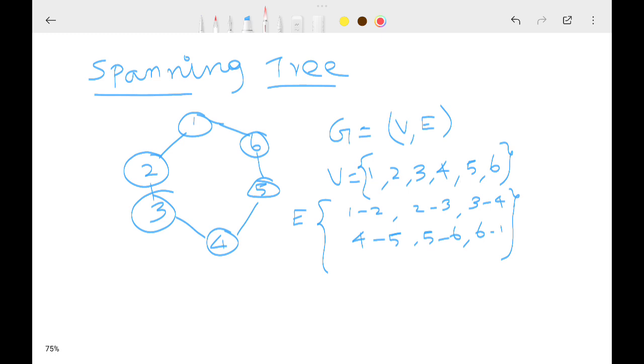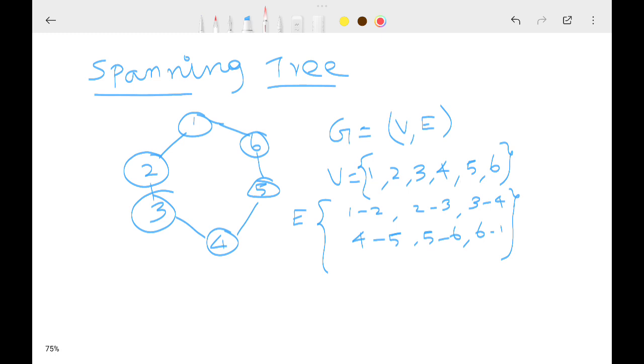First I will explain with a simple graph without any cycle. Here this graph doesn't have any cycle and the number of edges and the number of vertices are the same.